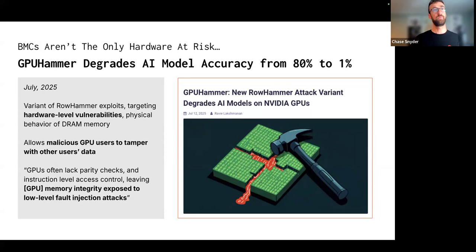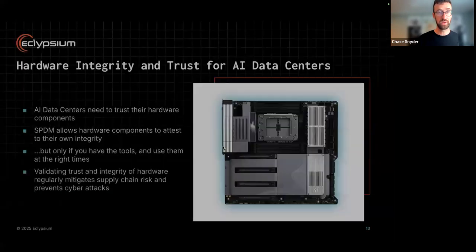So trusted execution and confidential computing actually working in an environment that's primarily AI accelerators or GPUs requires a different security approach, one that's still evolving. And that's something that we're working on helping some AI data centers with.